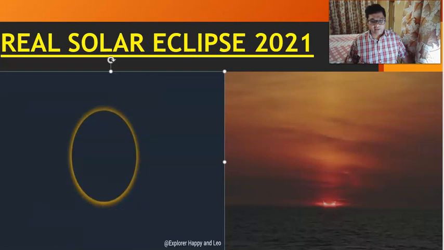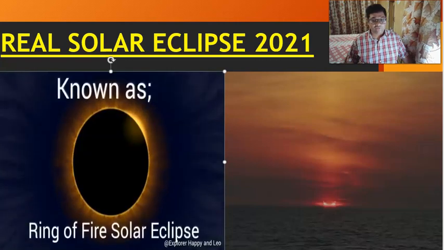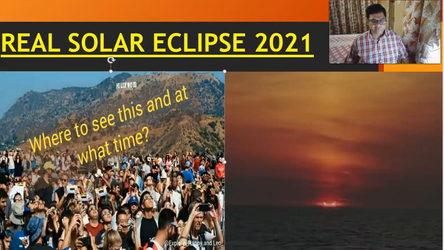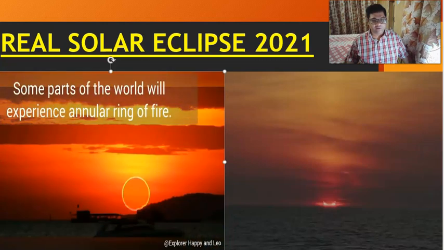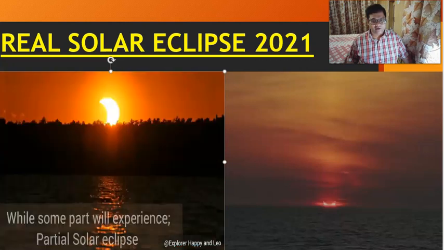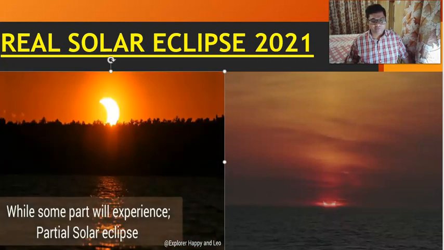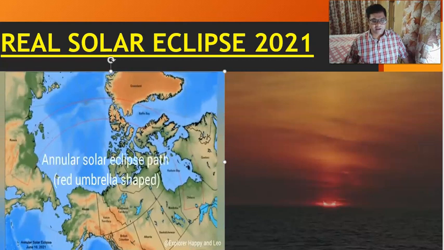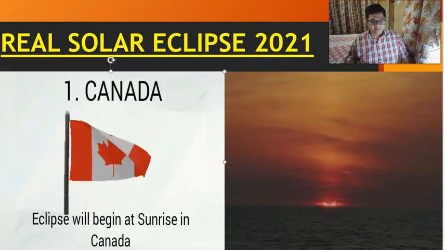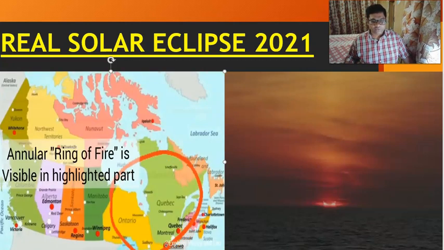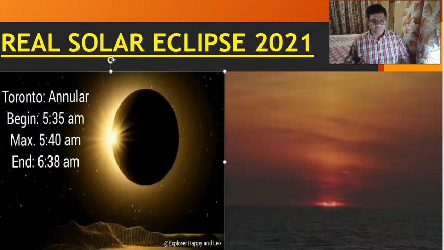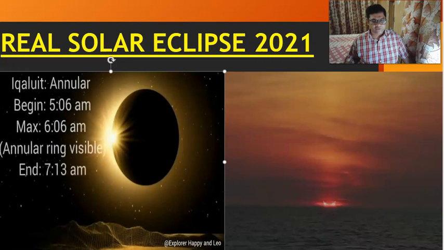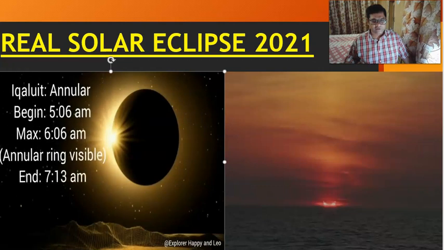World will witness their annual solar eclipse known as Ring of Fire solar eclipse. Where to see and at what time? Some parts of the world will experience annual Ring of Fire, while some parts will experience a partial solar eclipse. Annular solar eclipse path, red umbrella shaped, in Canada, eclipse will begin over here. Toronto, annular.